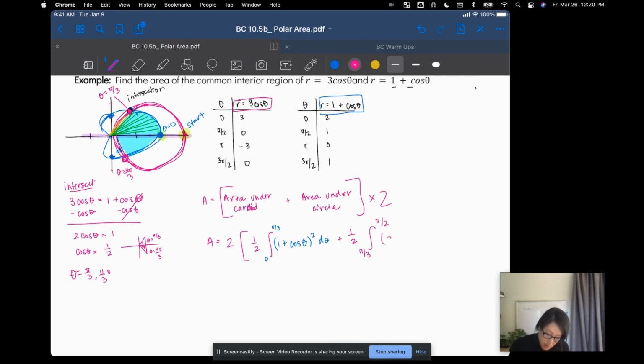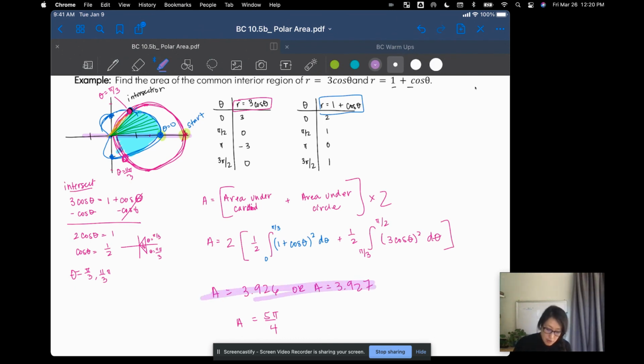And the equation is 3 cosine theta squared d theta. Okay, substitute into my calculator, I get 3.926, or the area is equal to 3.927, and it has an exact value of 5 pi over 4.